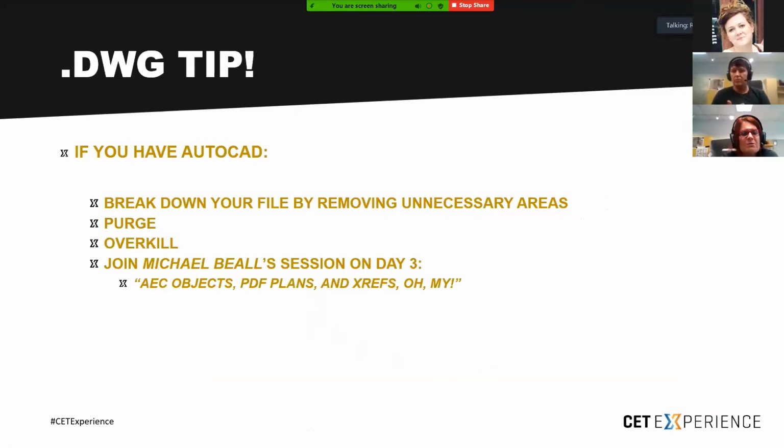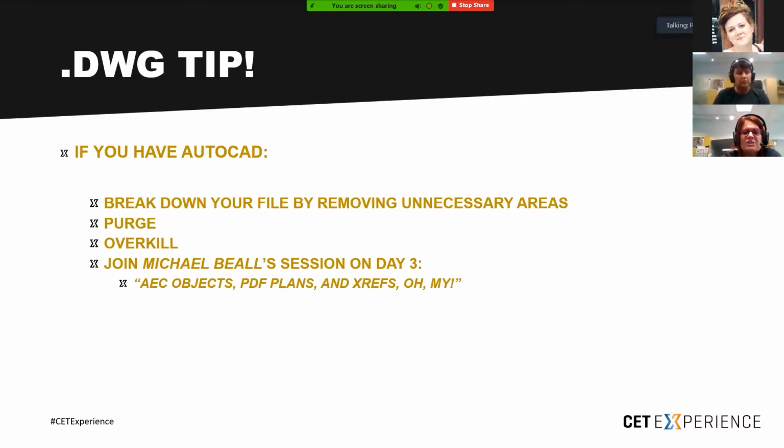So we know that most of the time you probably get an AutoCAD drawing. If you have AutoCAD already on your computer, we have a few tips and tricks for you. You want to make your file as small as possible, because it's hard to work in very heavy, weighted down files.